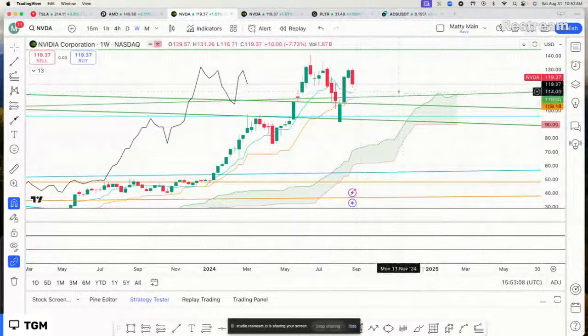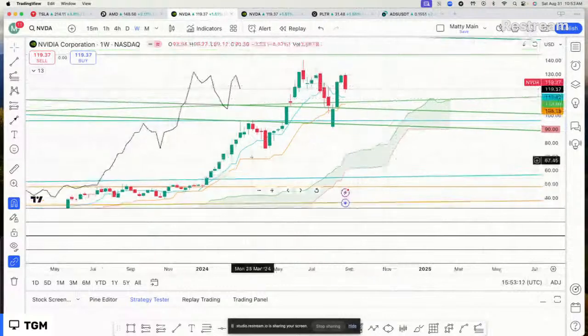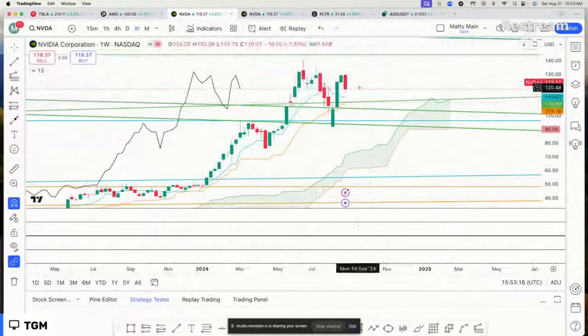I think the trend is still up, but it got far too extended too quickly. So in the shorter term, there could be a lot of resistance, mainly because there's a lower high from here, and a lower high from here. So it's not able to break out and make higher highs yet.